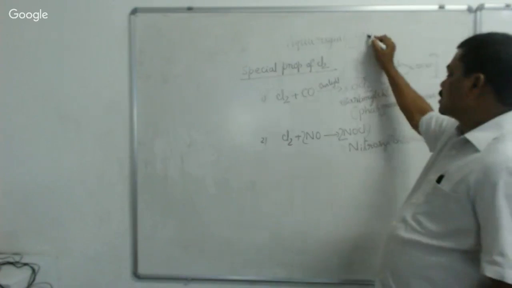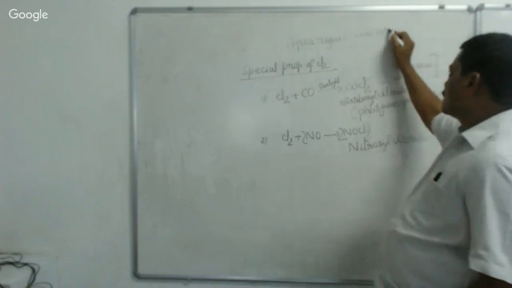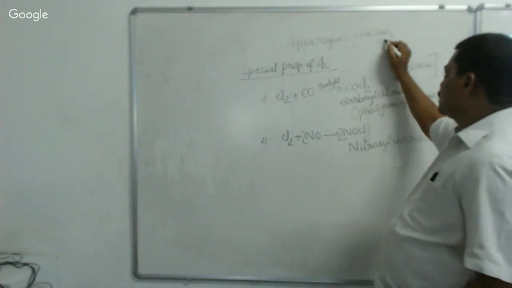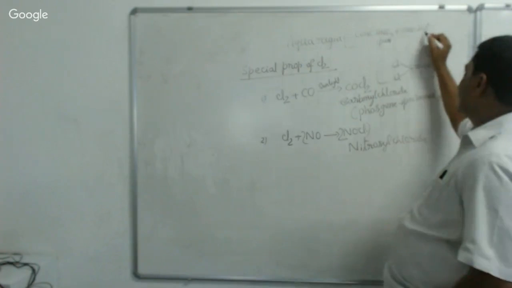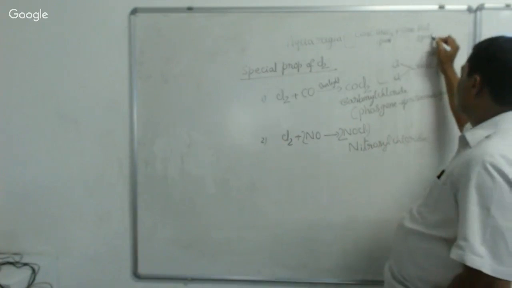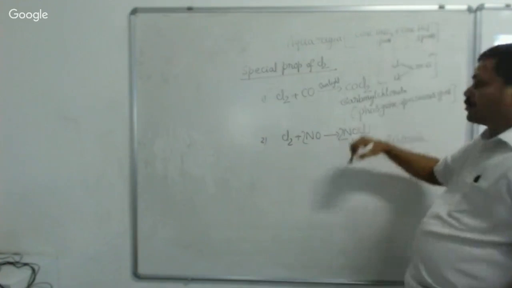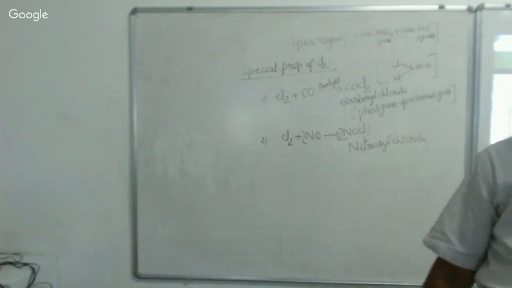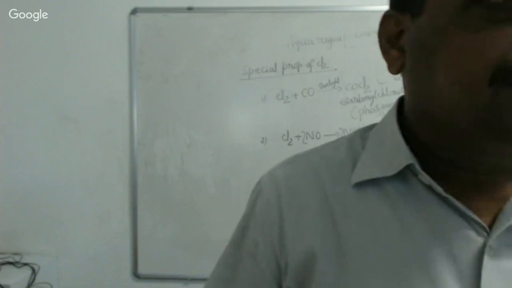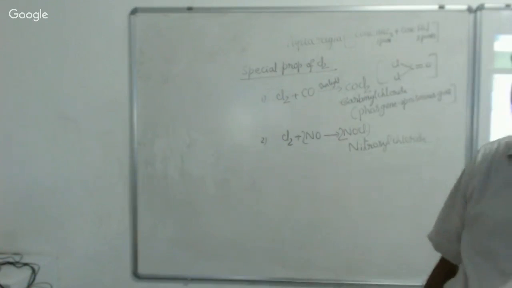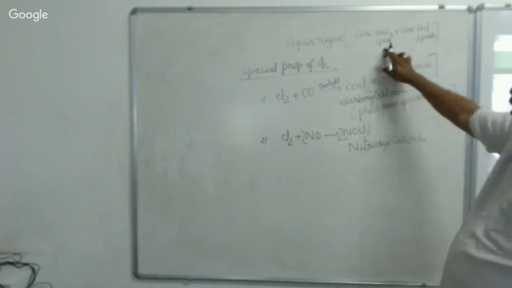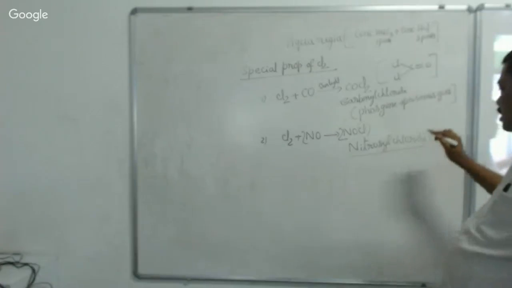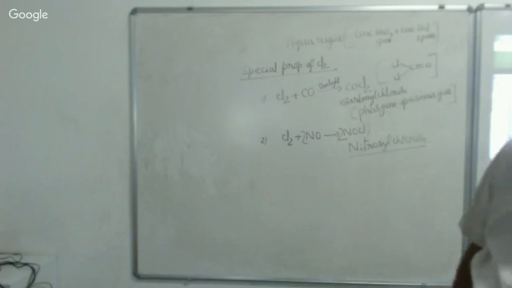Aqua regia means concentrated HNO3, one part, and concentrated HCl, 3 parts. When you mix these two concentrated acids in 1:3 ratio, that medium is called aqua regia. That aqua regia also produces nitrosyl chloride.